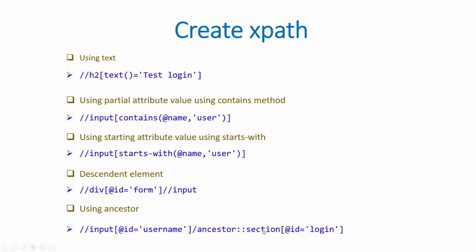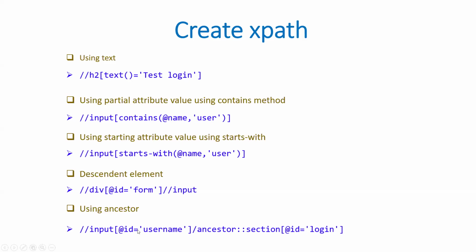This section element can be at any level, no need to be an immediate parent. You understand? This section can be at the first level or second level or third level parent. No problem. But this section should be in the parent tree with this attribute value. That is what ancestor means. The ancestor method is used to identify an element in the parent tree.